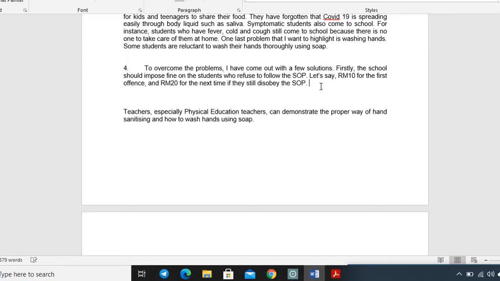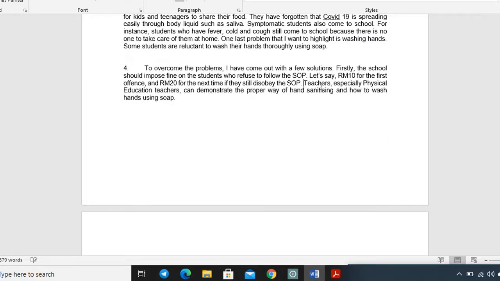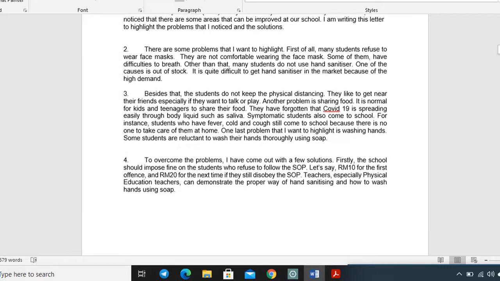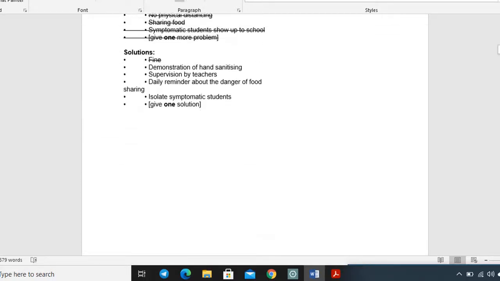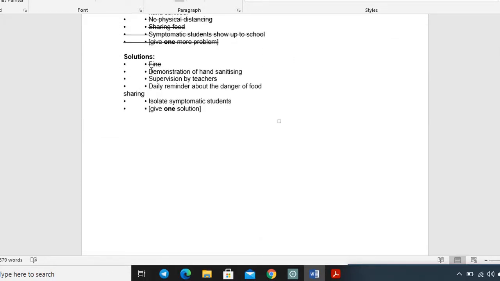Okay, what else do you have? Teachers. What do the teachers do? Especially physical education teachers can demonstrate the proper way of hand sanitizing and how to wash hands using soap. It is this point. Okay, demonstration of hand sanitizing.